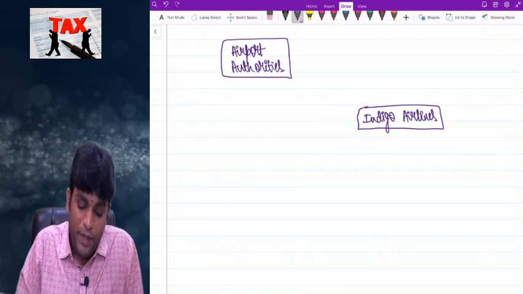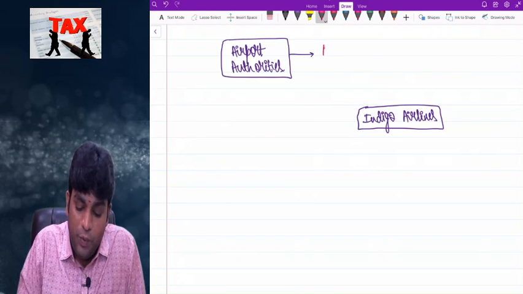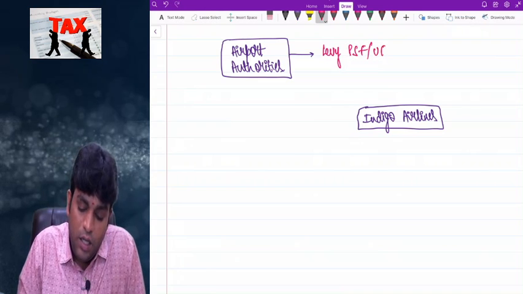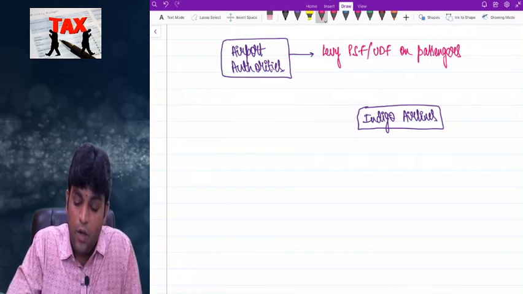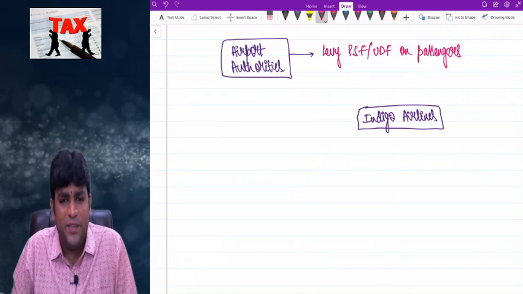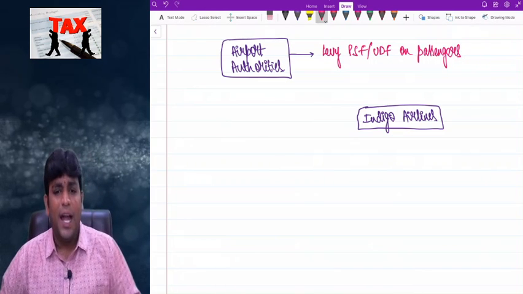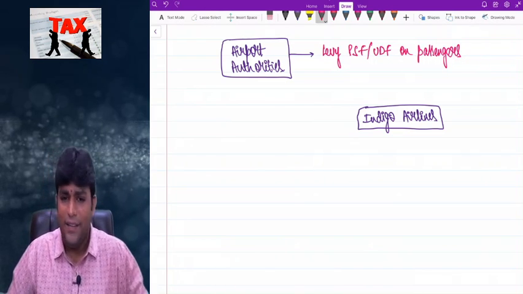So now, these airport authorities levy PSF or UDF on passengers. What is PSF or UDF? PSF stands for passenger service fee and UDF stands for user development fee.